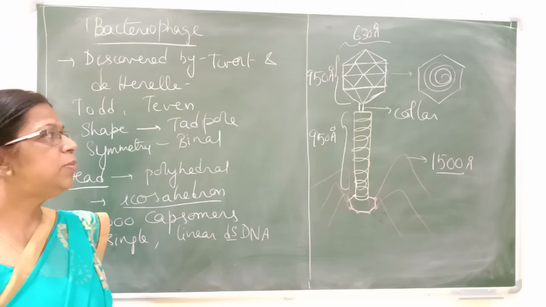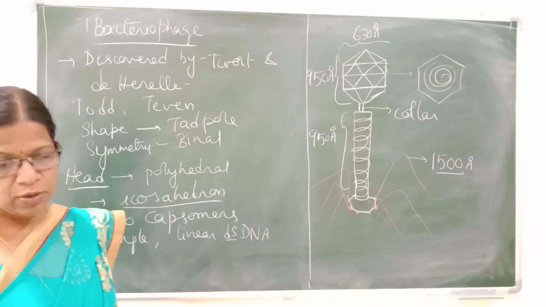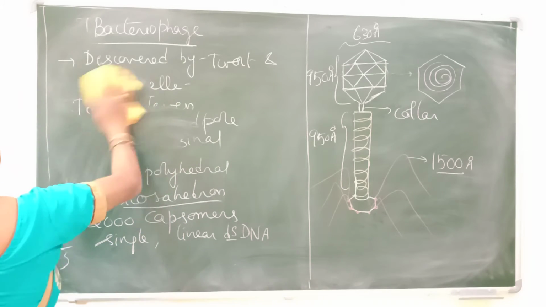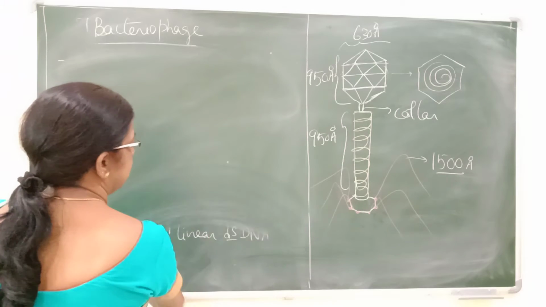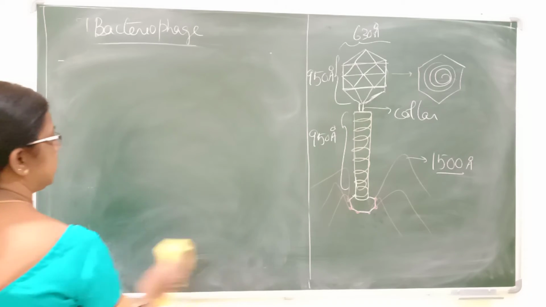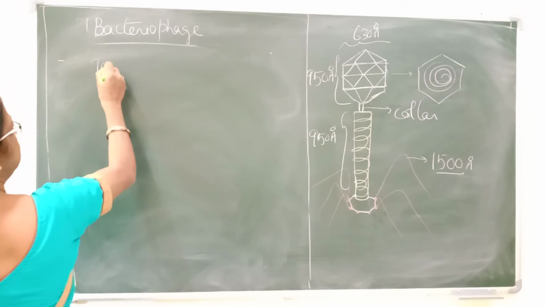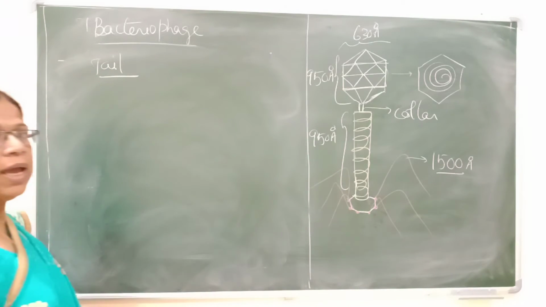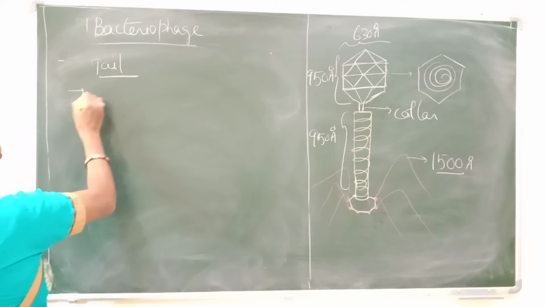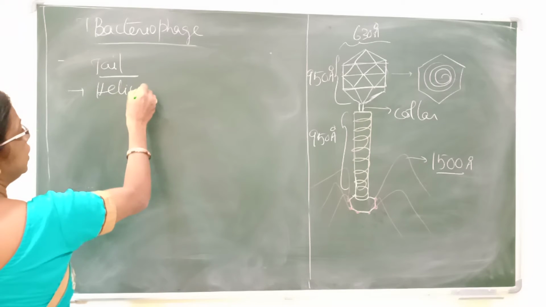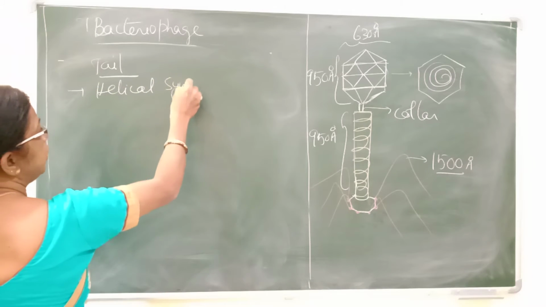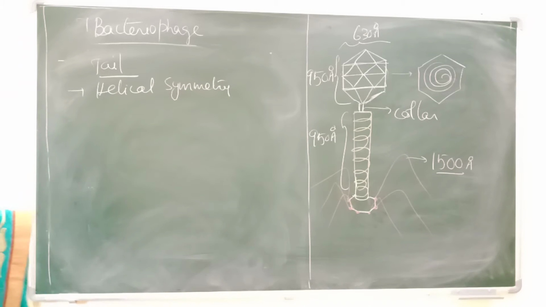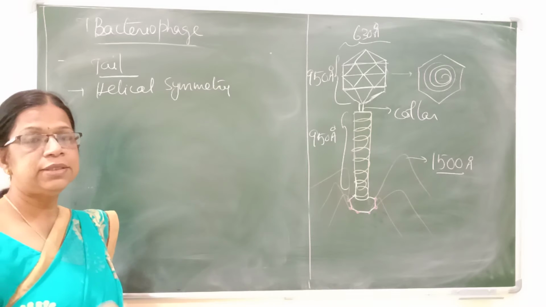Now let us see what the function and structure of the tail are. The tail region, as I already mentioned, is about 950 angstroms in length and shows helical symmetry. The head shows polyhedral symmetry, and the tail shows helical symmetry.